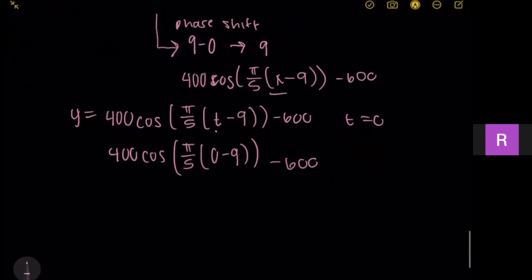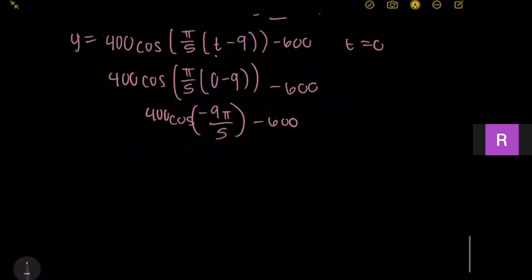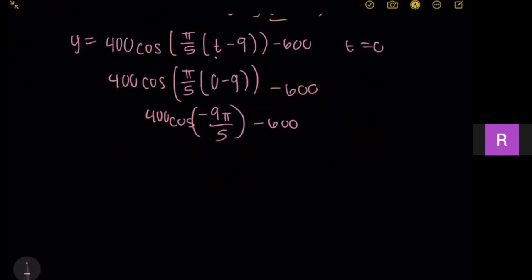So if we continue to work this out, we'll have negative 9 pi over 5, take the cosine, times 400, minus 600. Then we can take the cosine of negative pi over 5, which we can do in our calculator or with the unit circle, however you want to do it.